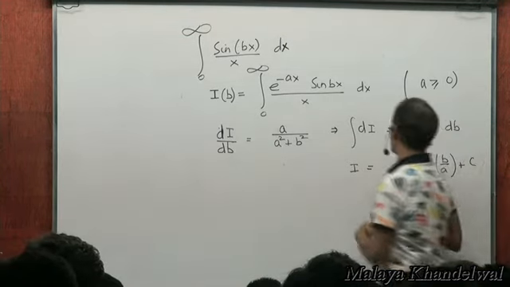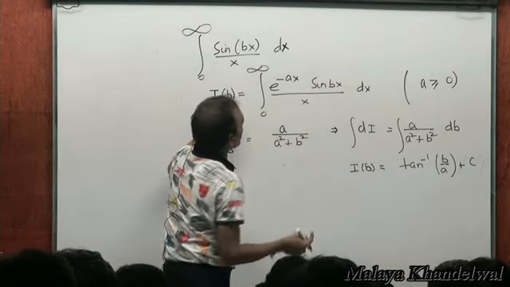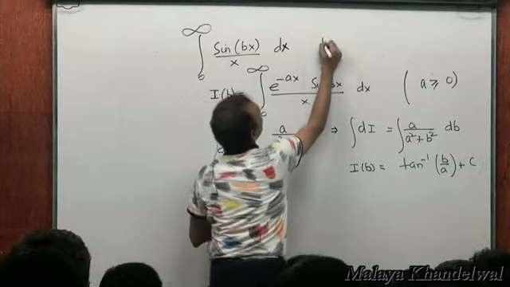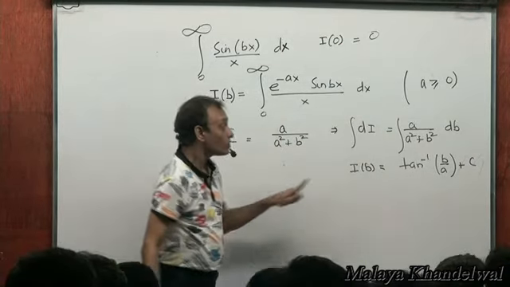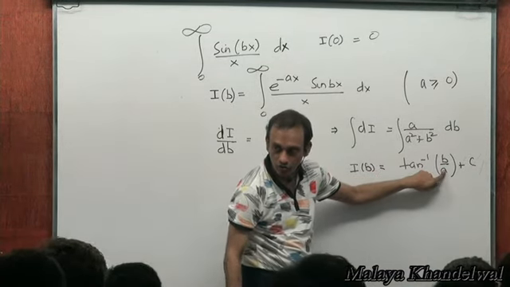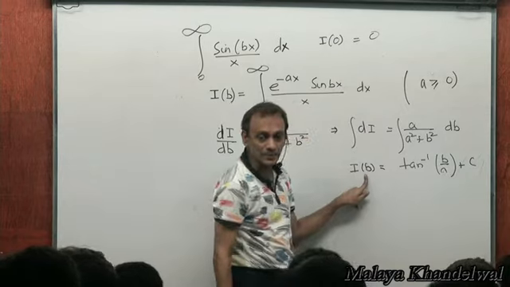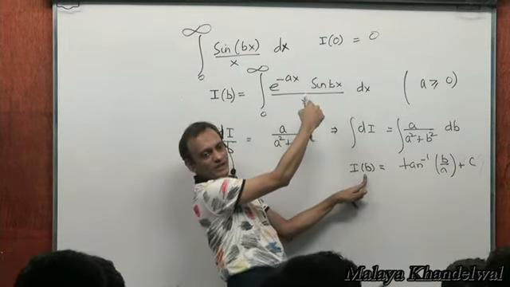How do I determine that? This is I(b). Hey, what is I(0)? Put b equal to 0, I(0) will be 0. So putting b equal to 0, tan inverse 0, 0, plus c is I(b), I(0). I(0) is 0 as you can see. Put b equal to 0, I will turn out to be 0, right?